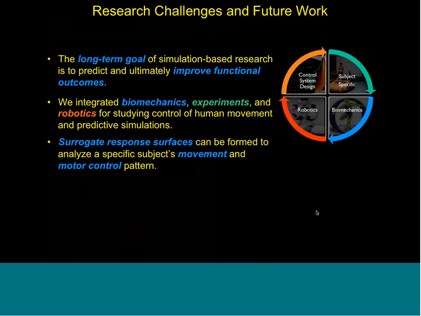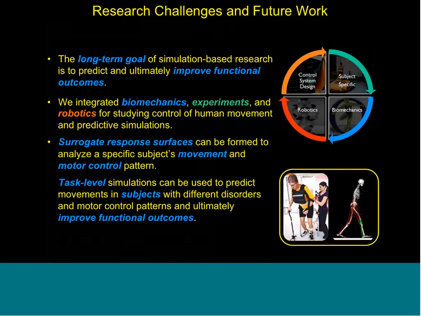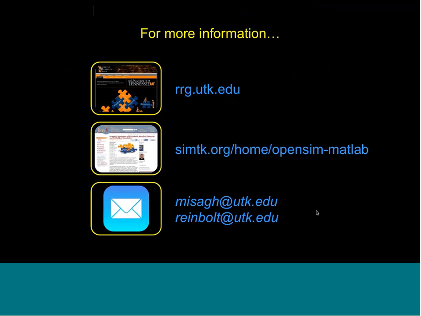We use these surrogate response surfaces, and I think they are important because we can use them to analyze subject-specific movement and even try to figure out these motor control patterns. These task-level simulations can be used to predict movement in subjects with different disorders as well, and ultimately improve functional outcome.